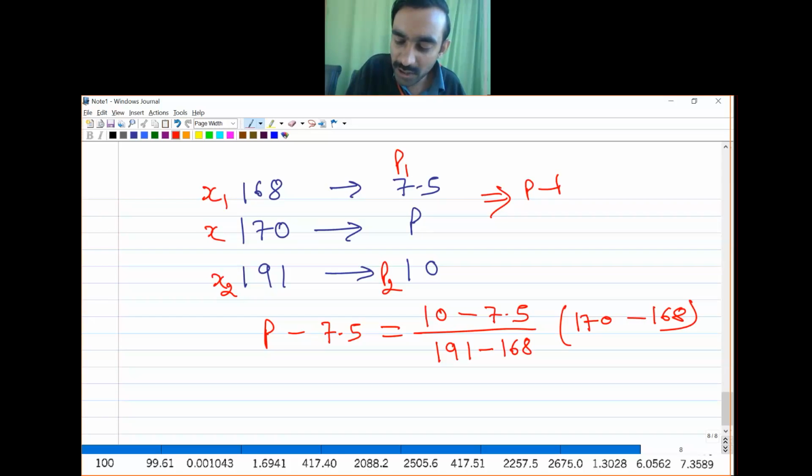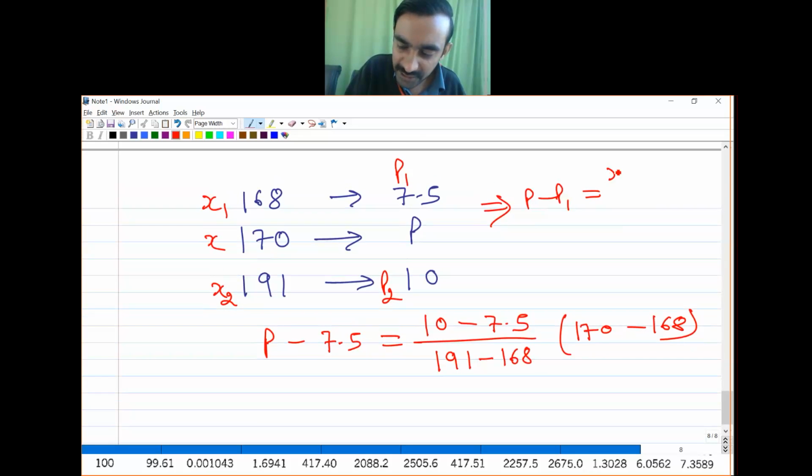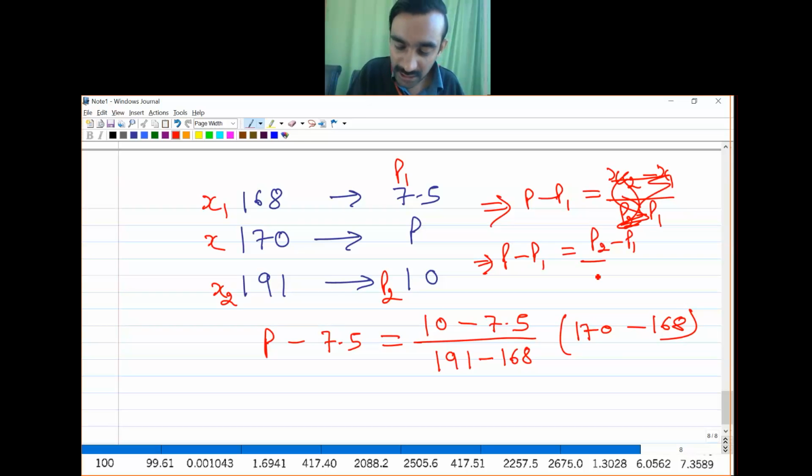We know the equation of a straight line as P minus P1 is equal to, sorry, I wrote this equation wrongly earlier, though I had written it correctly before. It will be P minus P1 equal to P2 minus P1 divided by x2 minus x1, into x minus x1.